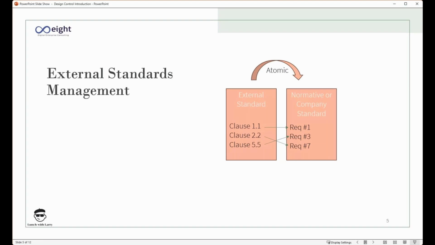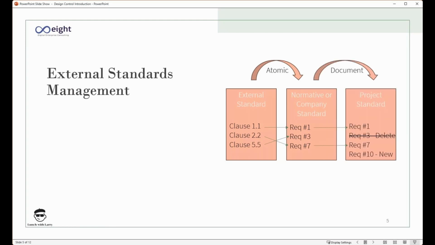So this is really the first step to getting to a place where we understand how we're going to be deploying those standards. So essentially what we're going to do then is take this normative or company standard and share it as a document, as a set, down to the project.